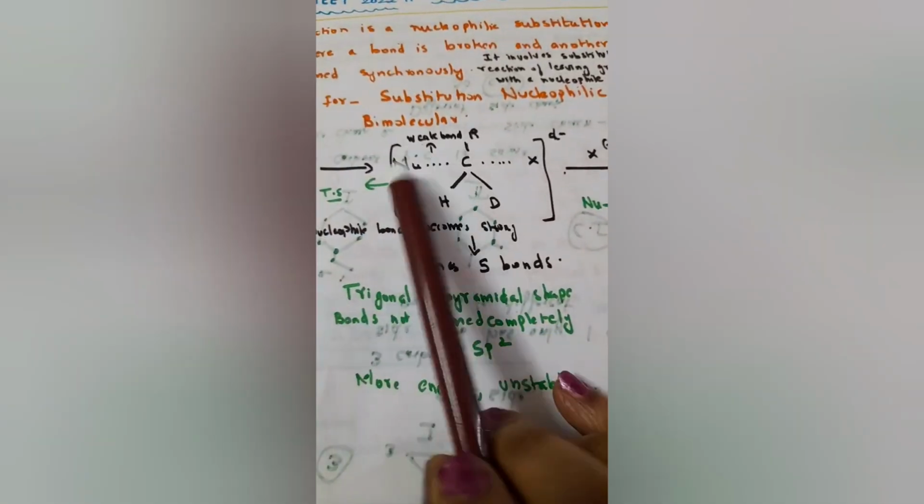SN2 stands for substitution nucleophilic bimolecular, and we also call this type of reaction bimolecular nucleophilic substitution or associative substitution, interchange mechanism and all that. Normally strong anionic nucleophiles will speed up the rate of the reaction, and nucleophilicity will increase with more negative charge, and a strong nucleophile can easily form a carbon nucleophile bond.